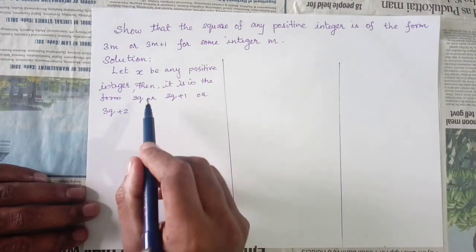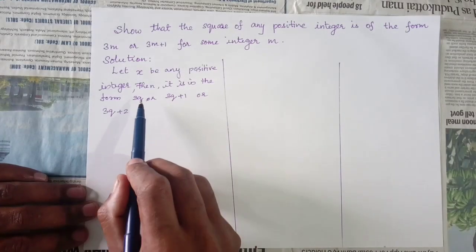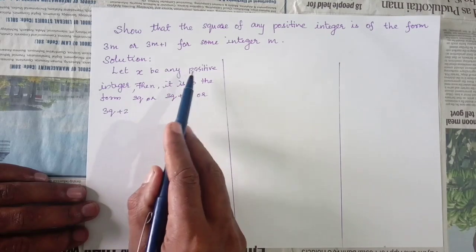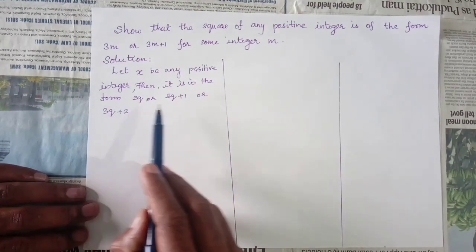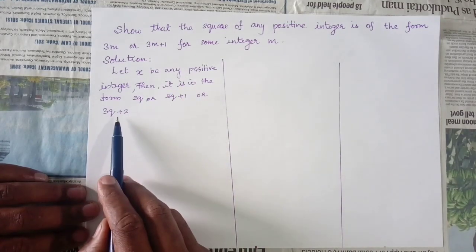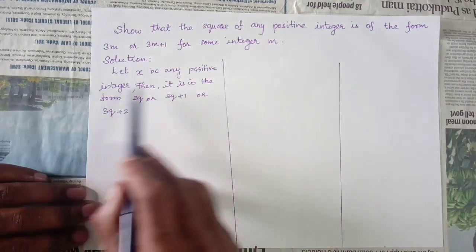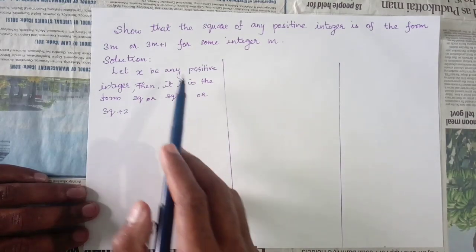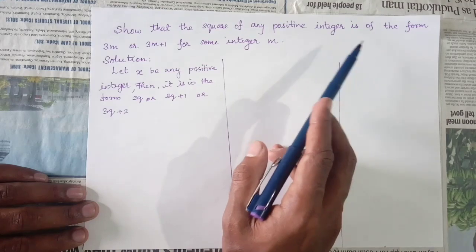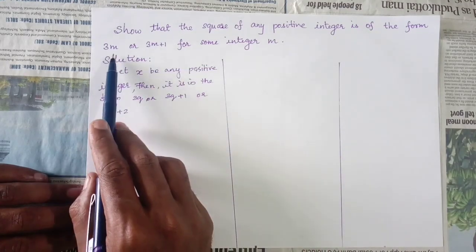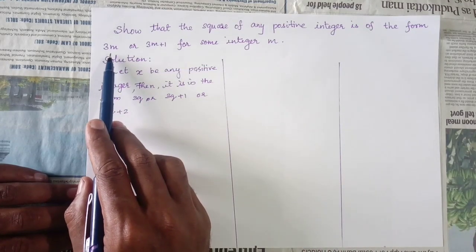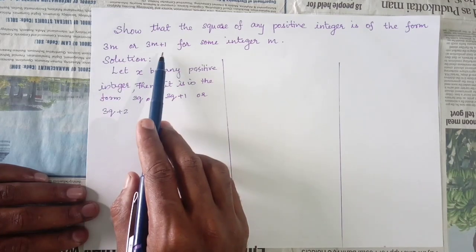So we have here three forms of a positive integer: 3q, 3q plus 1 and 3q plus 2. When we square these forms, we should bring the square of this positive integer in the form of 3m or 3m plus 1.